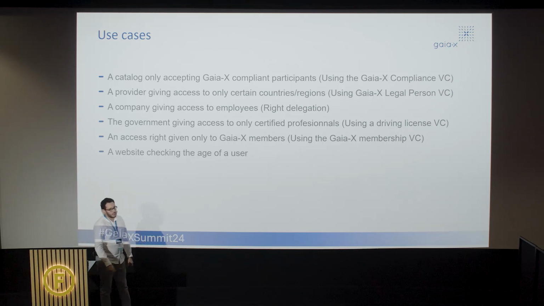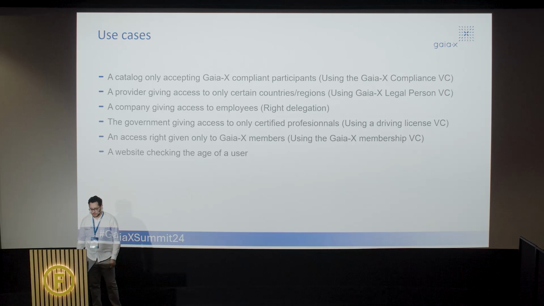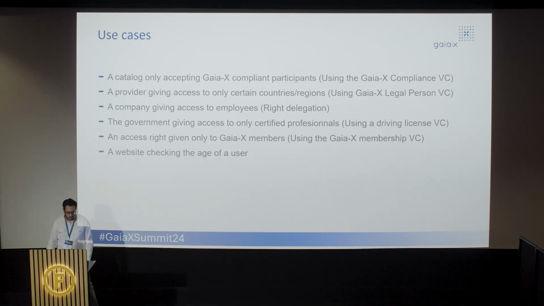Of course there are a lot of use cases, and you can have as many use cases as you want. In the Gaia-X domain we can, for example, use a catalog only accepting Gaia-X compliant participants, or a provider who wants to give access only to certain regions or countries.